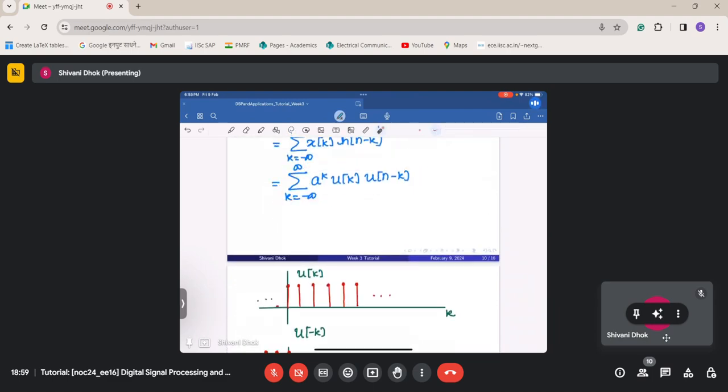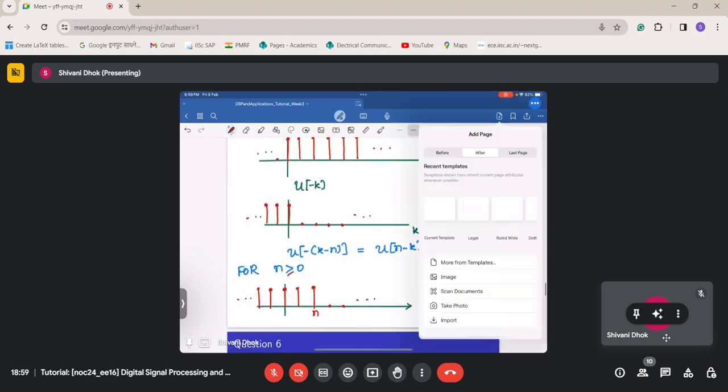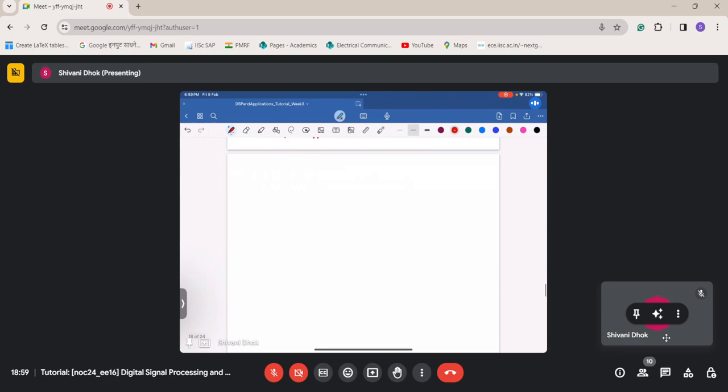So this y[n], let me add a page, and I'll copy the same equation again. This y[n] is equal to the summation over k from minus infinity to infinity of a^k u[k] u[n minus k].